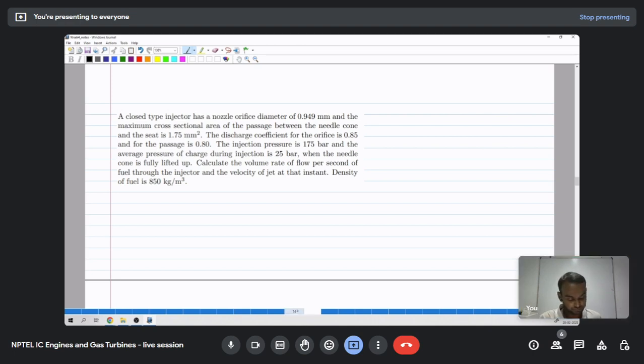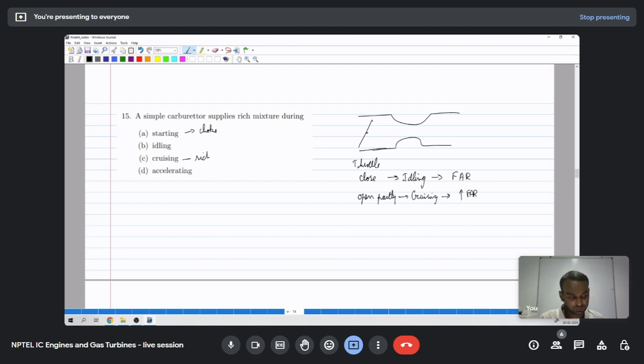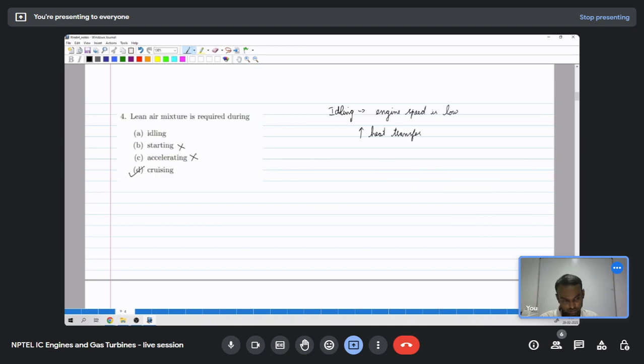So why is rich mixture needed while the vehicle is idling? Because there's no load on the tires, no load on the engine. As I explained earlier, during idling the engine speed is low, and because of this there will be very high heat transfer.